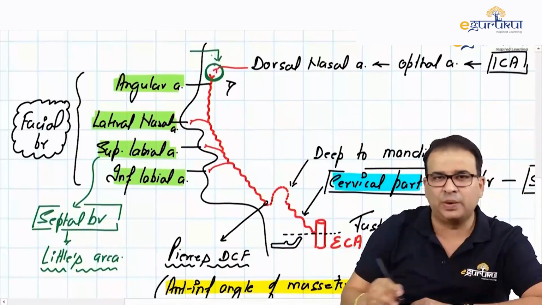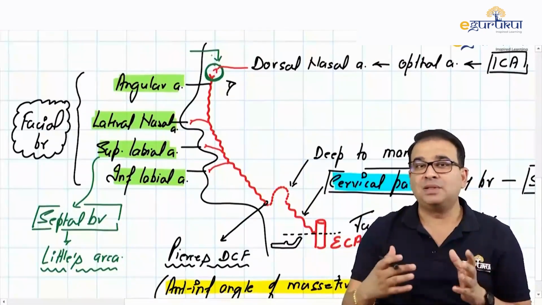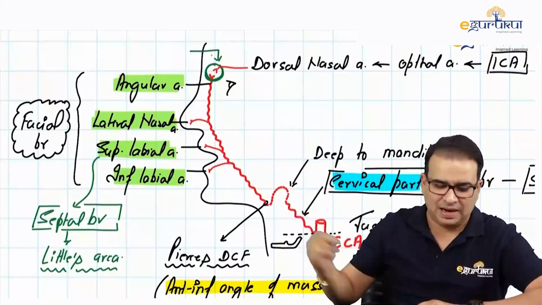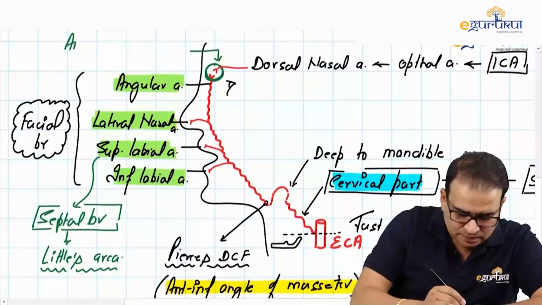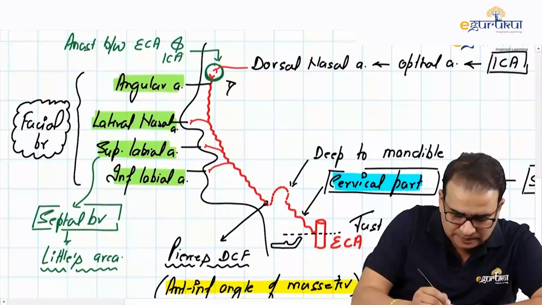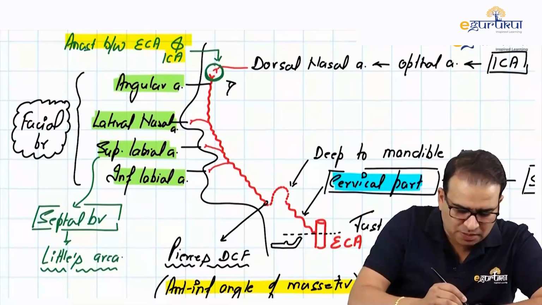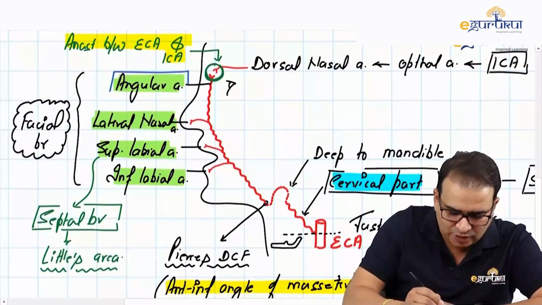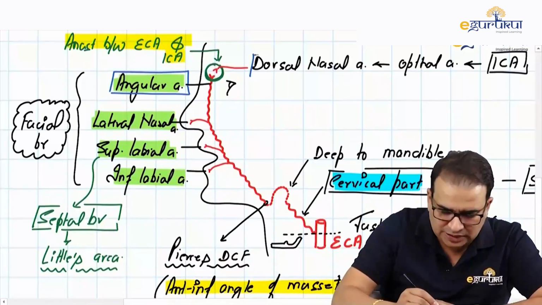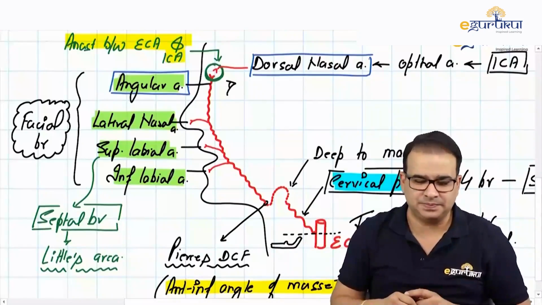This again is a good question to be asked: which two arteries participate in forming the anastomosis between ECA and ICA? Make sure we remember the names of the branches. It's the angular artery and the dorsal nasal artery, the two arteries which participate in this anastomosis.